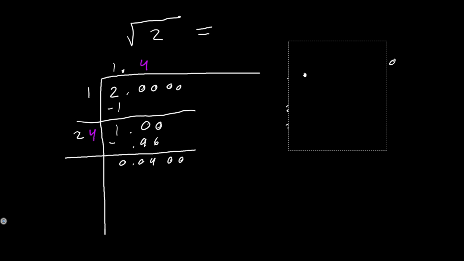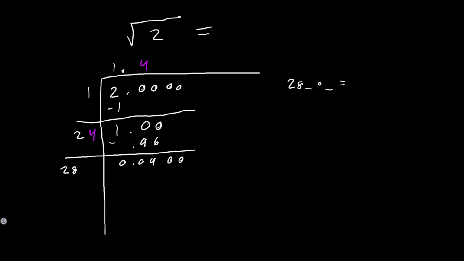And now we're going to multiply our quotient by 2, which is going to give us 28. And we have to repeat the process again. So we have 28 with some number in the hundreds place times that number is equal to or less than 400, since we are now in the tens place in the decimal.